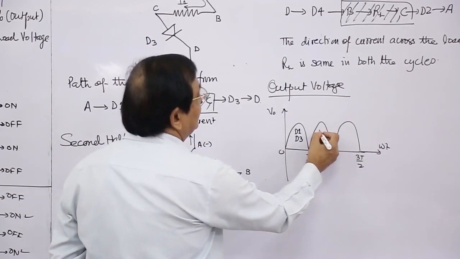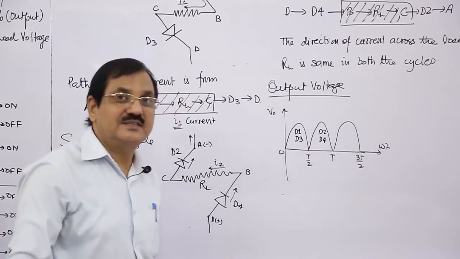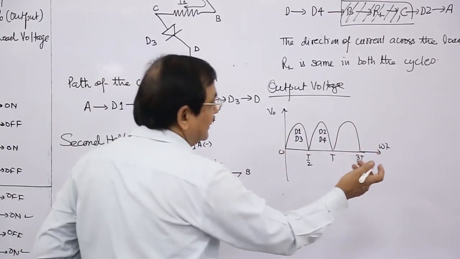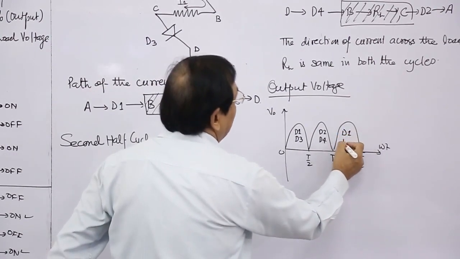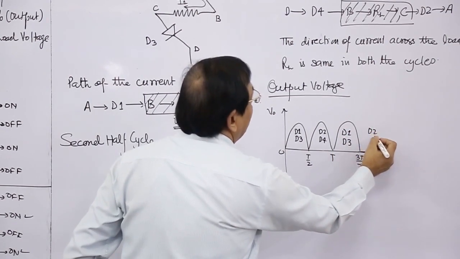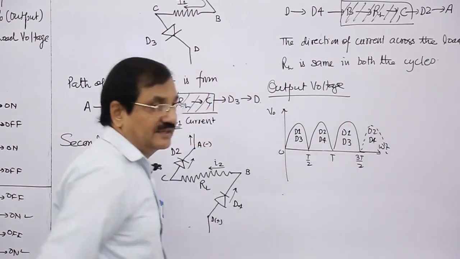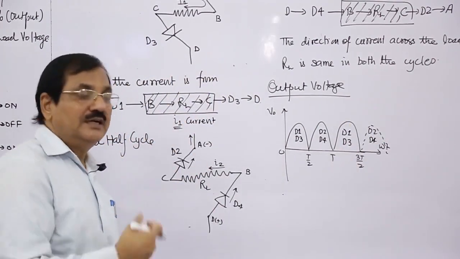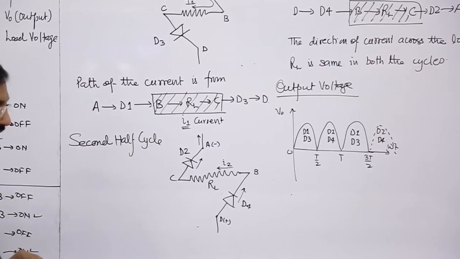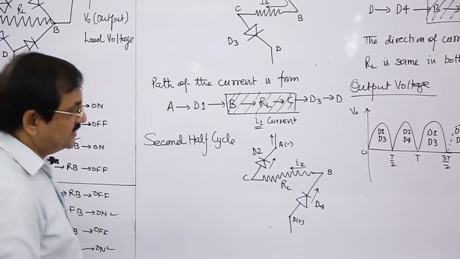And this part is contributed by D2 and D4. Again, alternately, this is D1 and D3, and here it is D2 and D4, as the cycle propagates. So the key point is the direction will remain the same.